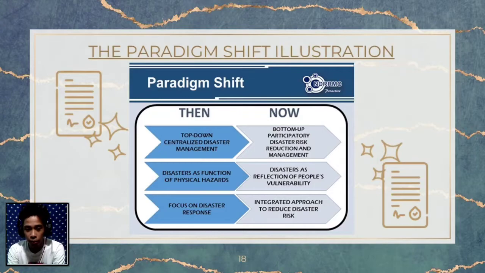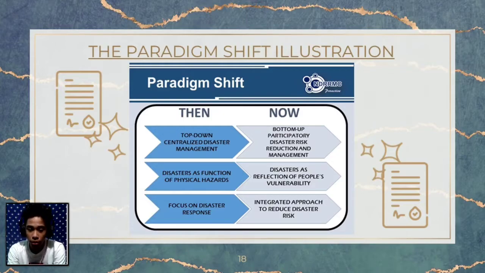So here we have the paradigm shift that happened between the NDCC or the National Disaster Coordinating Council and now, which is the National Disaster Risk Reduction and Management Council. So the then is the NDCC and the now is the NDRRMC.